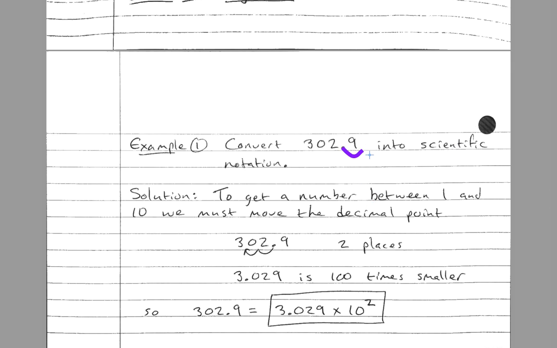Well, if you go this way, you'll get 3029. That's going in the wrong direction. If you move it to here, that's 30.29. That's better, but 30 is not between 1 and 10. But move it 2 places, then you have 3.029. That 3 is between 1 and 10, so that's the right position.